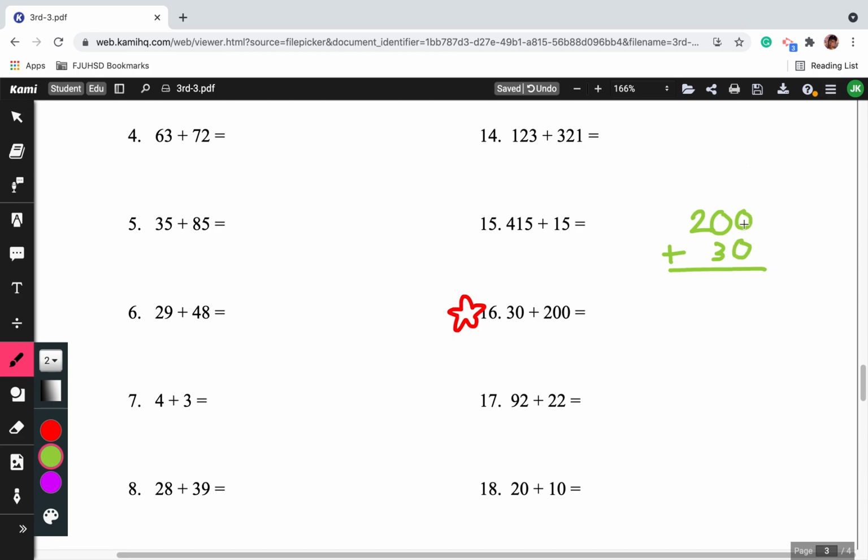We work from right to left. 0 plus 0 is 0, 0 plus 3 is 3, and 2 plus blank, which is 0, is 2. Therefore, the answer is 230.